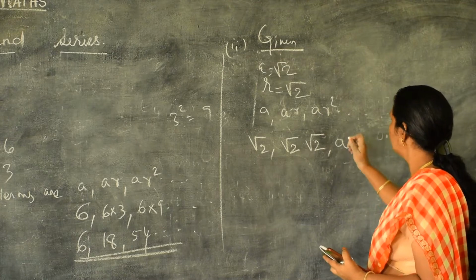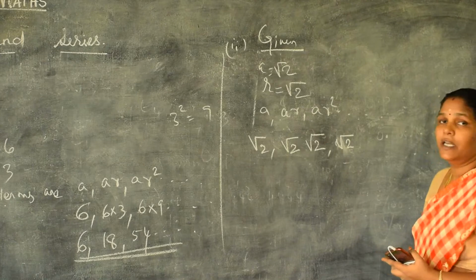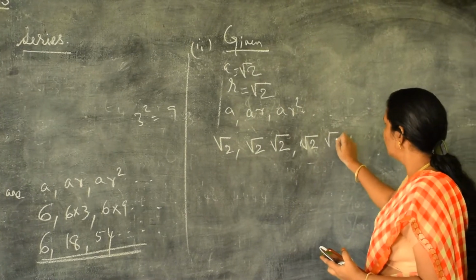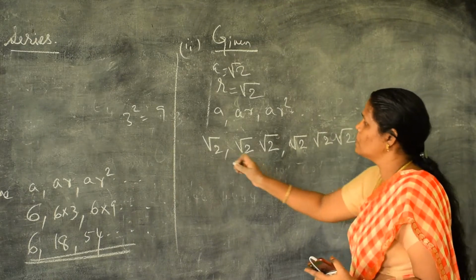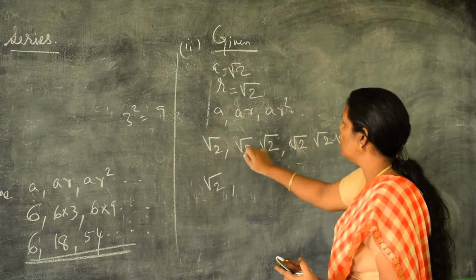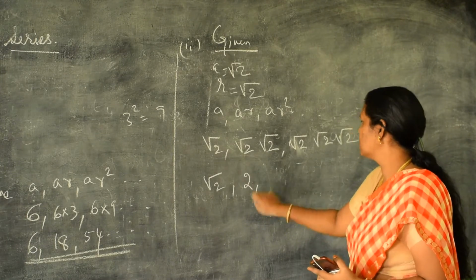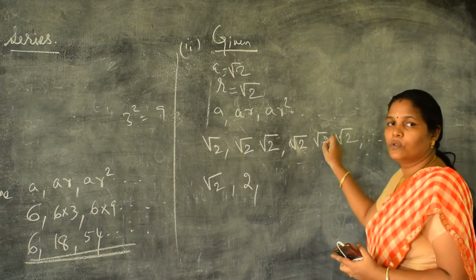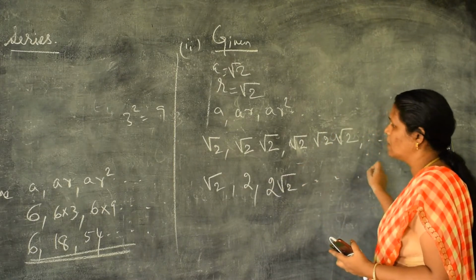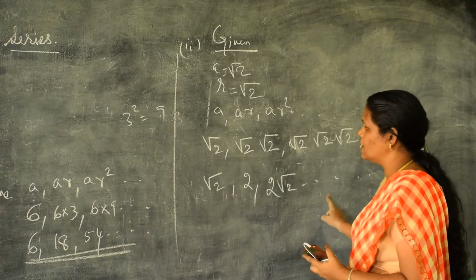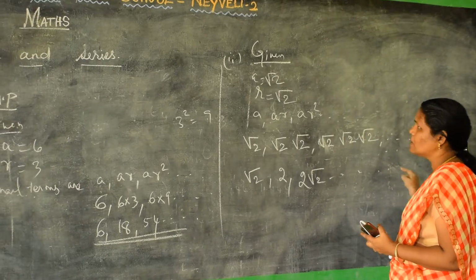A is root 2, R squared is R into R, so I am writing root 2 into root 2. You got it, children? And so on. So root 2 is root 2 only. Root 2 into root 2 is 2. Here root 2 into root 2, 2, root 2 and so on. So the required sequence is root 2, 2, 2 root 2 and so on.